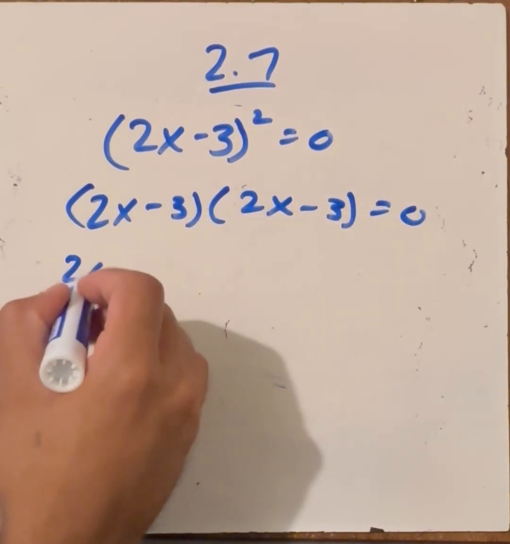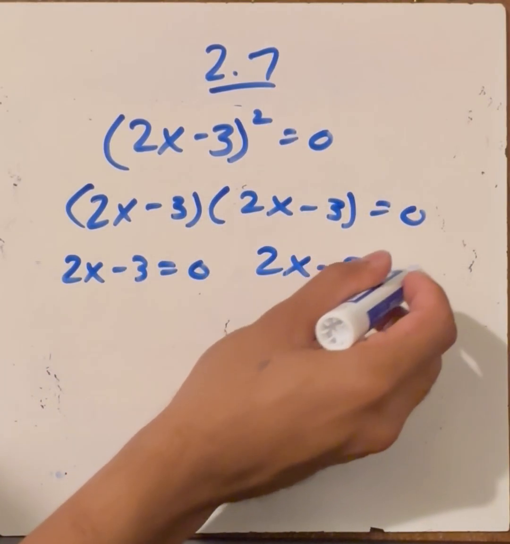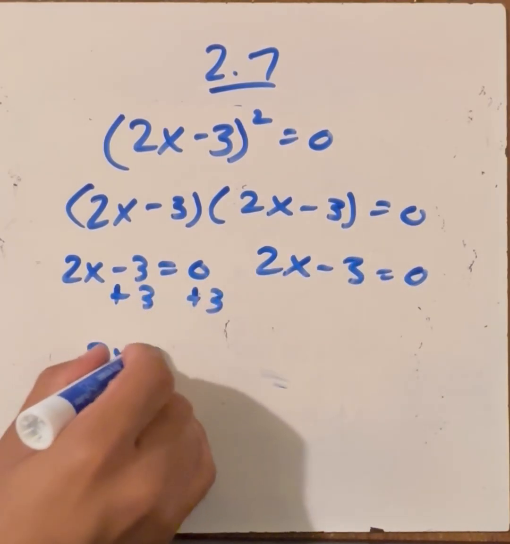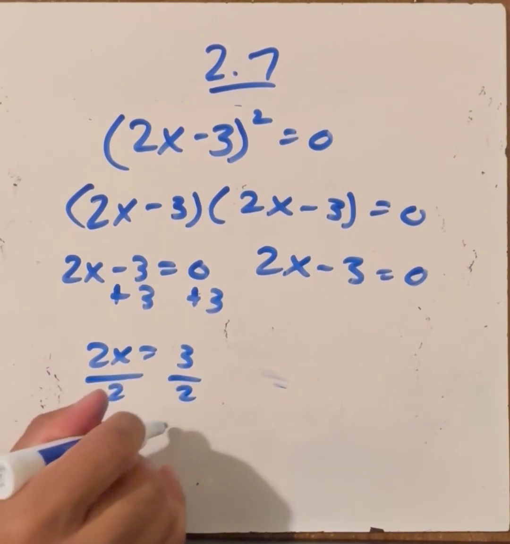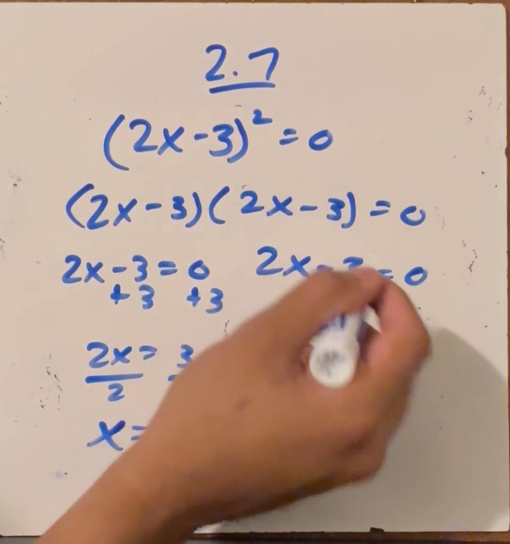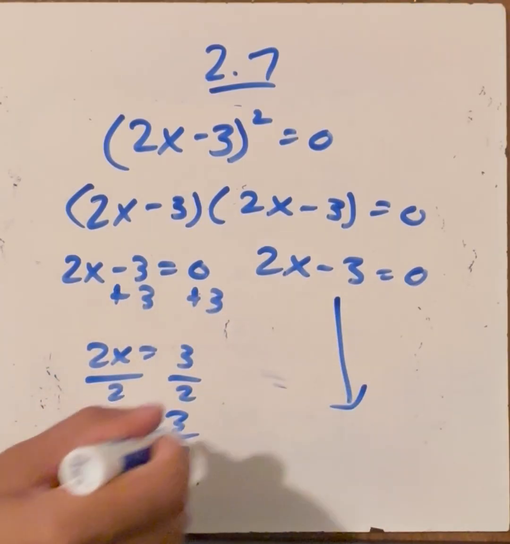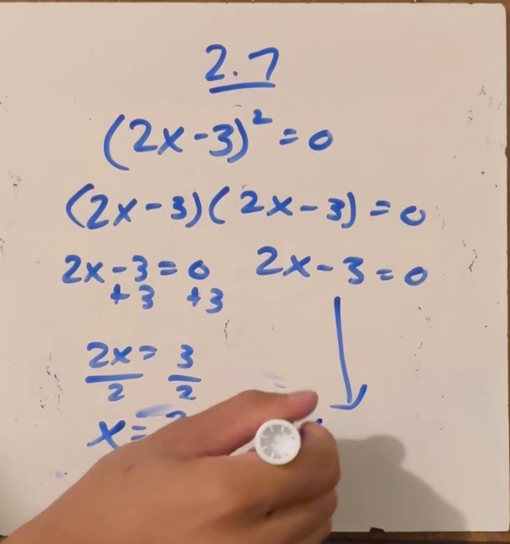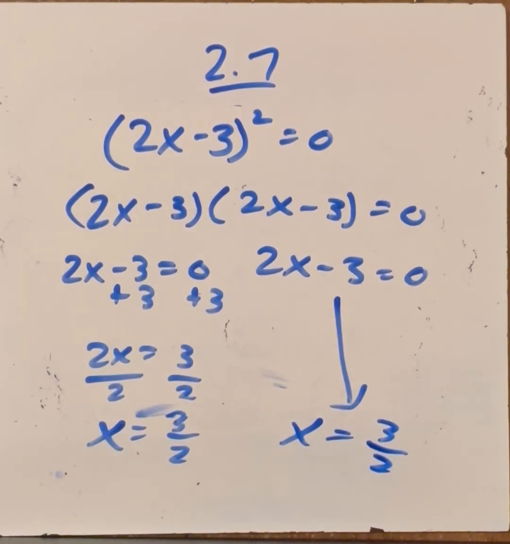So 2x minus 3 equals 0, and then 2x minus 3 equals 0. So adding 3, we get 2x equals 3, divided by 2, we get x equals 3 over 2. Same thing here. If we notice that that was that, then eventually we should just get this again. So x equals a double root at 3 over 2.